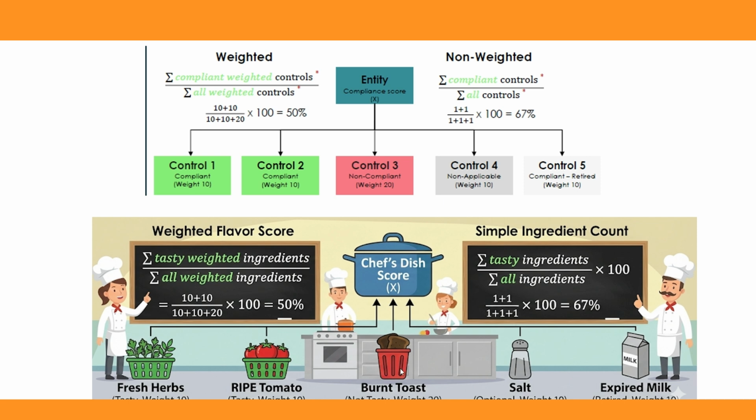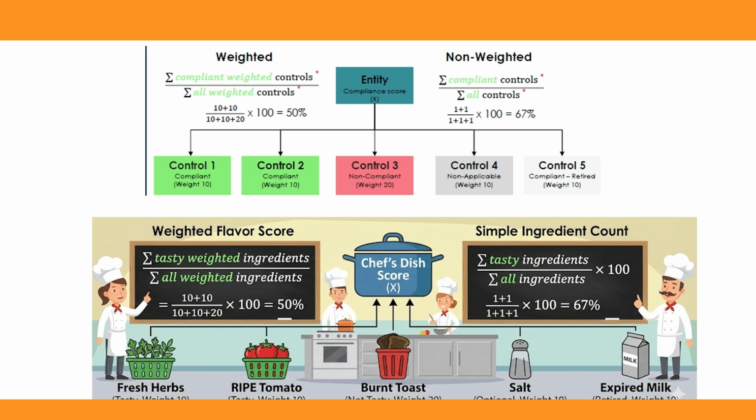So if you do the math, it will be 10 plus 10, 20, divided by the total, which is 40, which equals 50%. And why it matters: even though you had more good items than bad items, the bad item was so heavy that it dragged your score down to 50% because it had more weight.